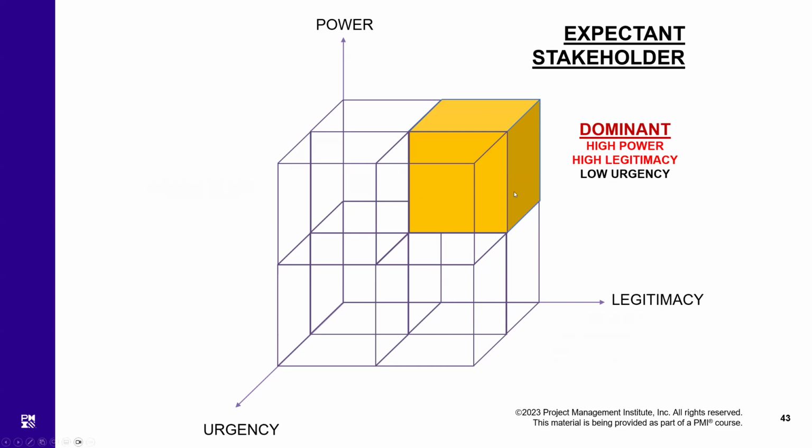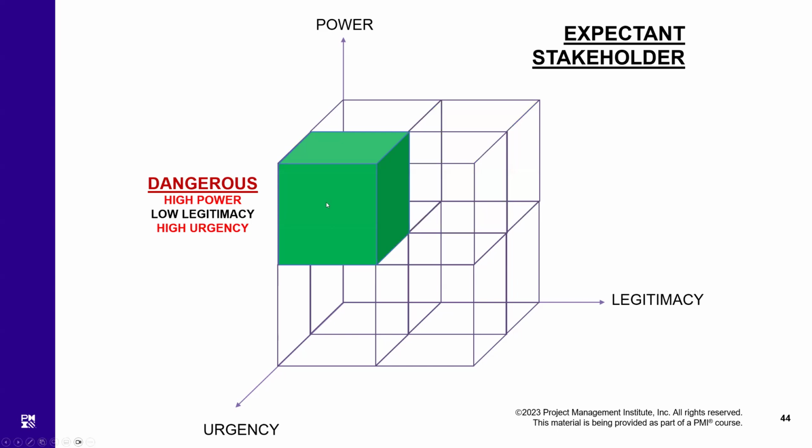On the power side, it is upwards, so high in power. On the legitimacy side, it is towards the high side, so again high in legitimacy. But on the urgency side, this cube is kind of at the back. It is not in front, it is in back, so it is low in urgency. Got it?